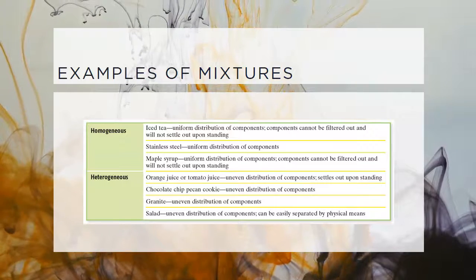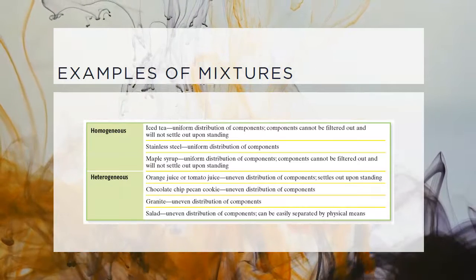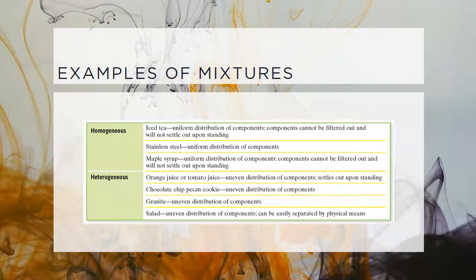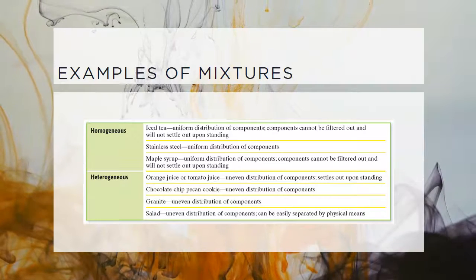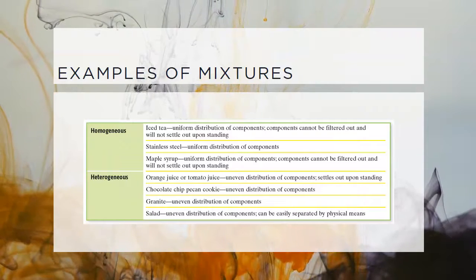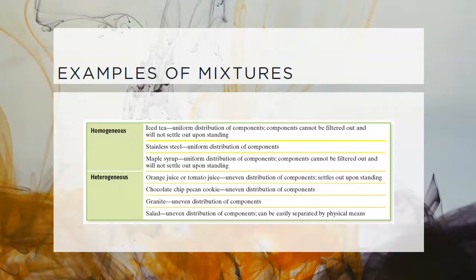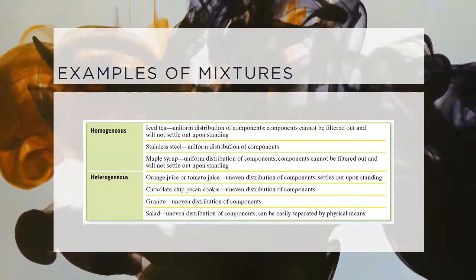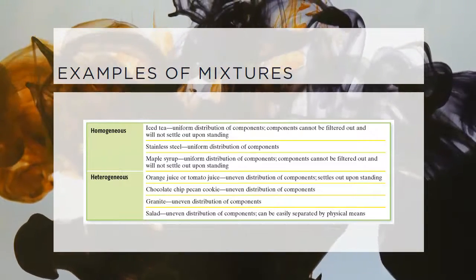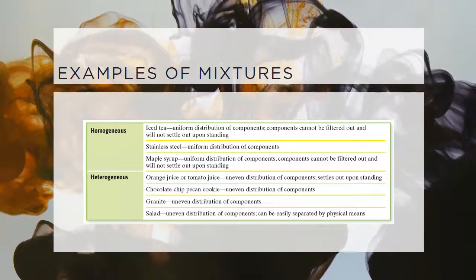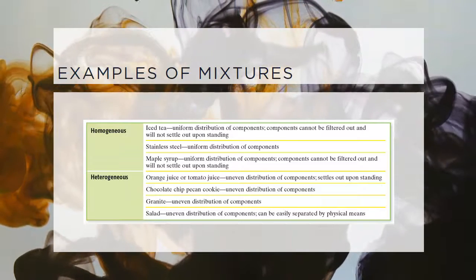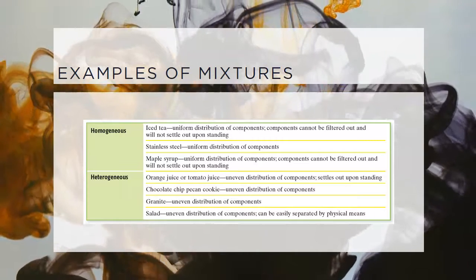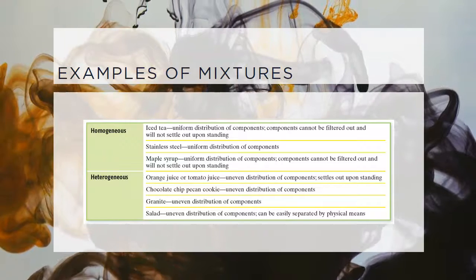But those things, you have an uneven distribution. I can see tomato sauce for sure. Especially if you've got a lot of components in the tomato sauce, like onions, peppers, mixed unevenly throughout. Chocolate chip cookie, you can imagine the dough. If you and your friend had a cookie apiece, what's the chances you're going to get exactly the same number of chocolate chips?